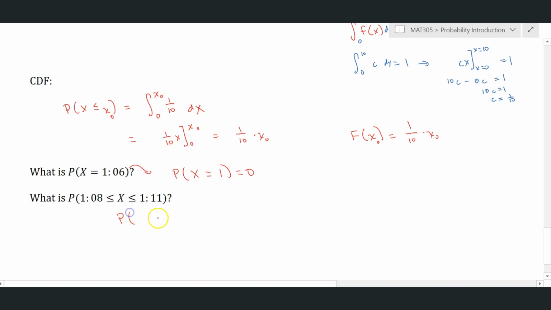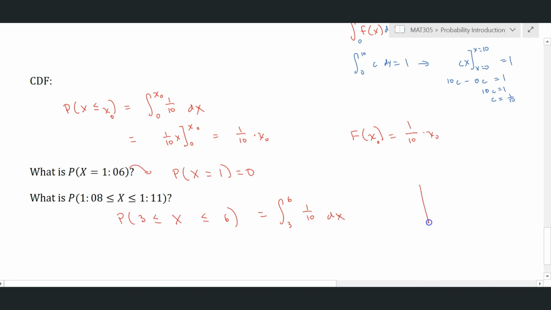Here, the probability that the bus arrives between 1:08, which would be 3 minutes after 1:05, and 6 minutes after 1:05, well, that would simply be the integral as x goes from 3 to 6 of our function 1/10 dx.